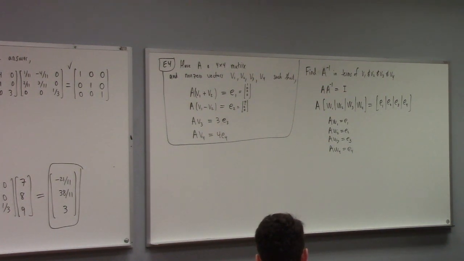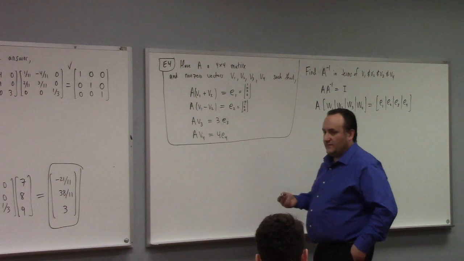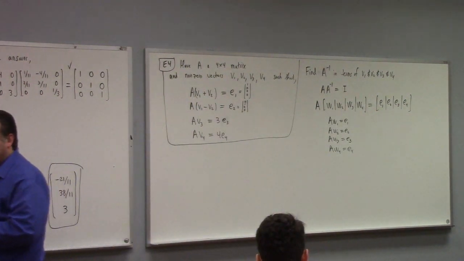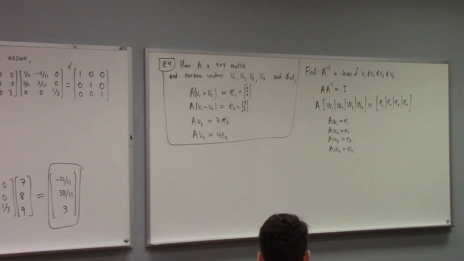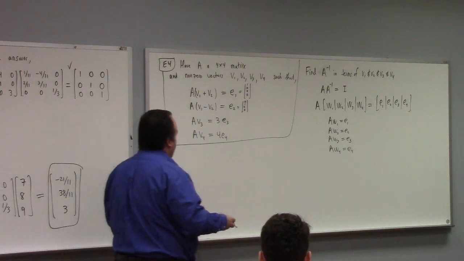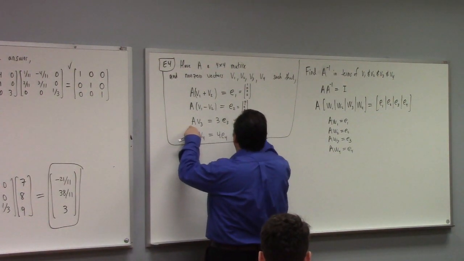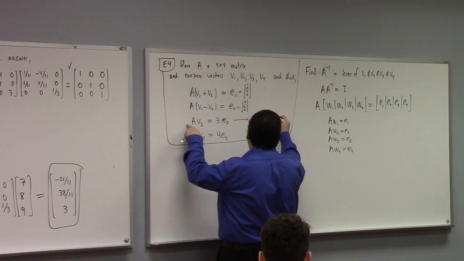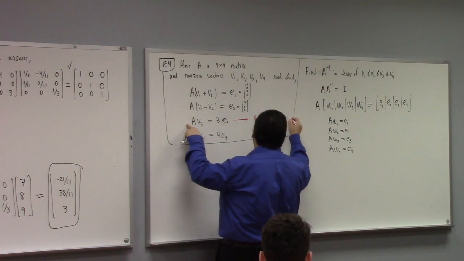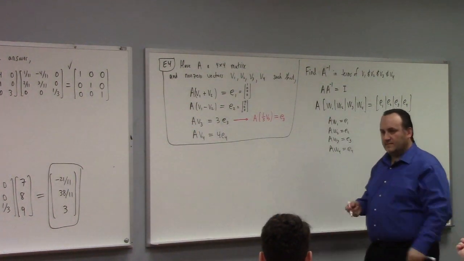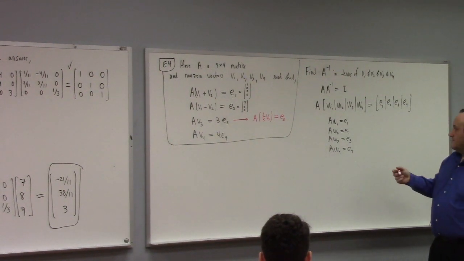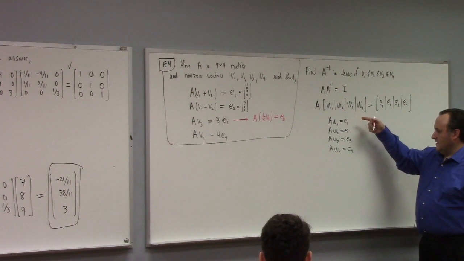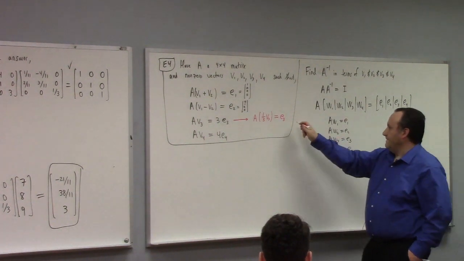We need to solve these 4 equations in order to find the inverse. 2 of these are pretty easy to solve, right? Do you see how to solve the last 2? How would you go about it? So I would just say, okay, well, hey, I'm given this, right? So if I divide by 3, A times 1/3 v3 is equal to e3. So, hooray! We got this, right? That would give me a nice solution for this one, right?